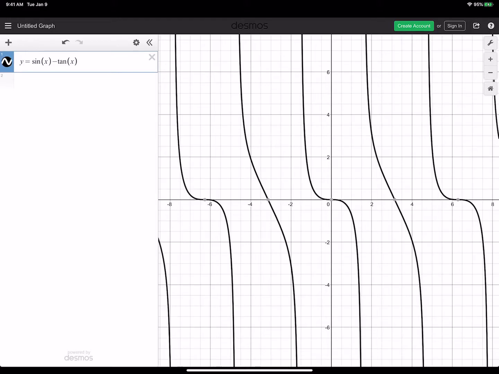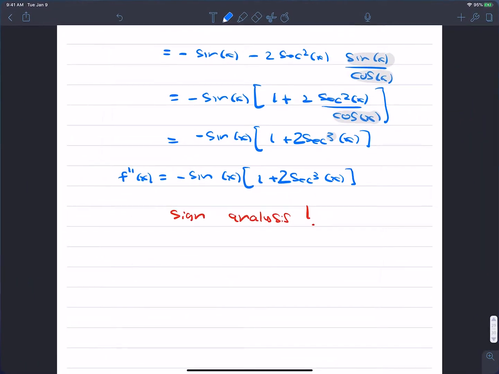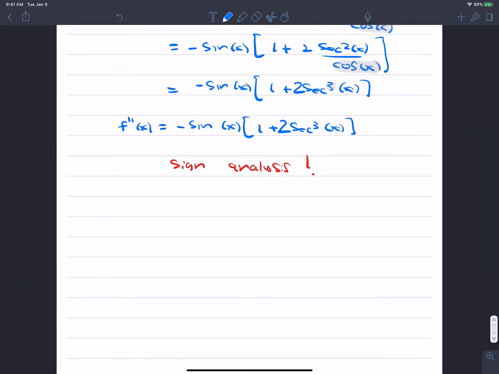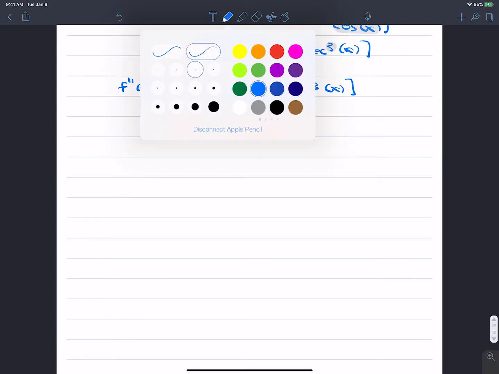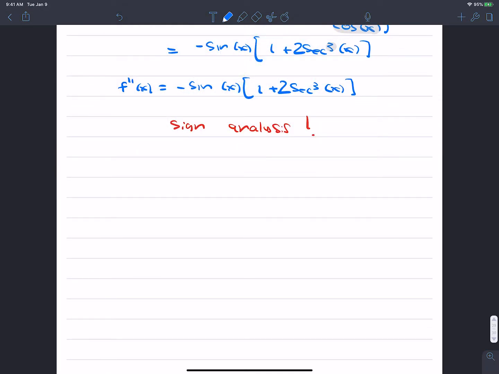So if I go back here and say to you, sign analysis, I can give you some of my conclusions here so you guys know, and I'll write this down. So sign analysis. When I went through sign analysis, because we're running out of time, I want to say to you guys, first, the second derivative equals 0 for these values of x: 0, plus or minus pi, plus or minus 2 pi, and so on.